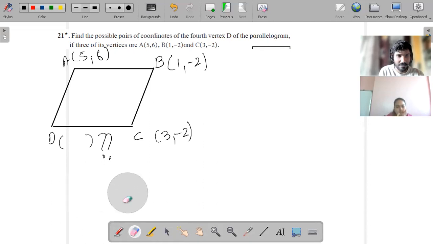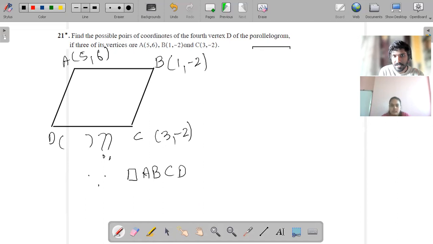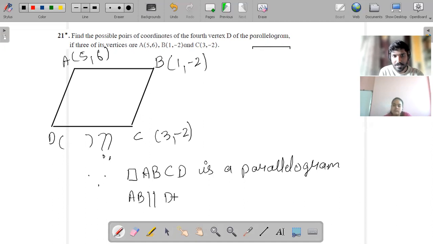Before that, I'll write here. Since quadrilateral A, B, C, D is a parallelogram, AB will be parallel to DC and AD will be parallel to BC.